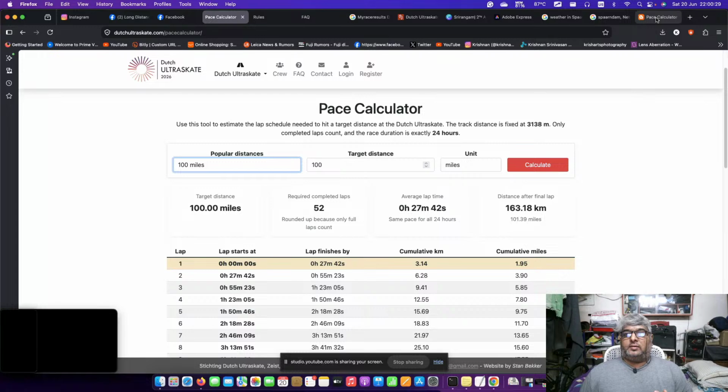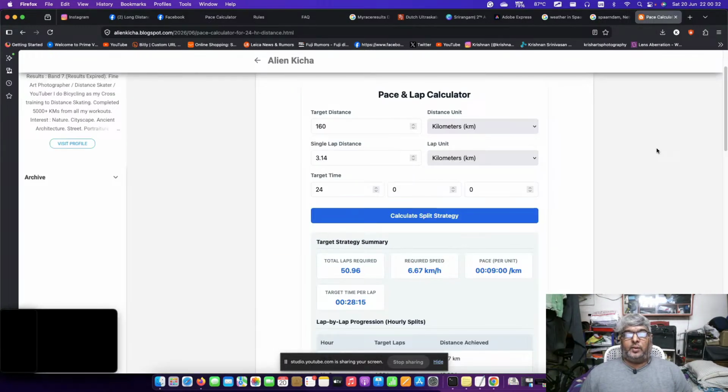You can use it for Bornem WEG and for Miami Ultraskate, of course. You can use it for any other race which has a race track and a number of laps, even for schools, colleges, and alumni races happening inside your schools and colleges.